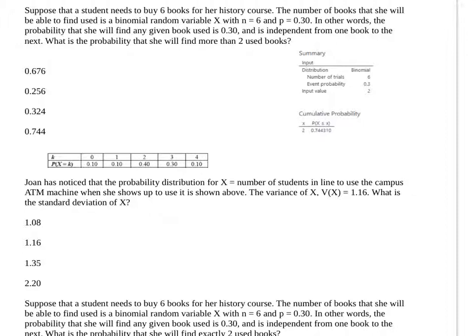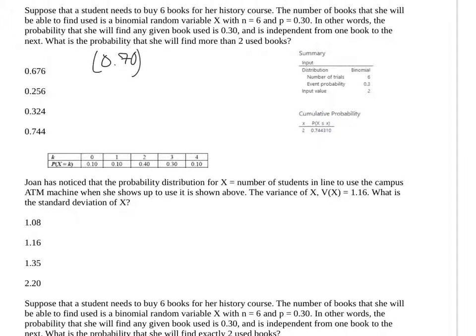So that's pretty tough to calculate. That's a lot of stuff to write down, but what you could find is the probability that she finds 2 or fewer used books. If she finds 0 used books, that means we have 0.30, oh, I'm sorry, that's wrong. That's the chance she gets a used book. The chance that she doesn't get a used book is 1 minus 0.30, which is 0.70.